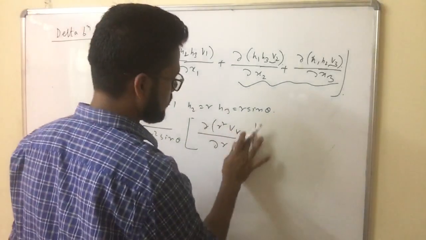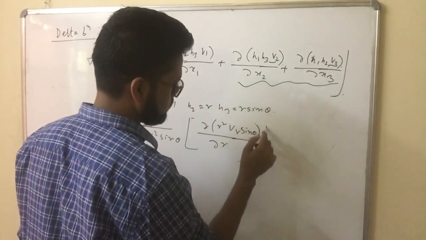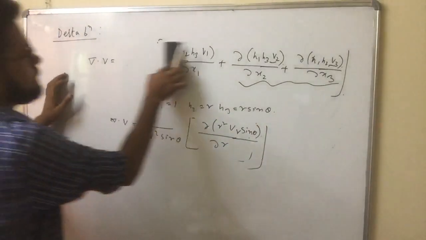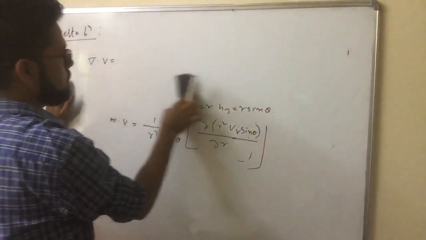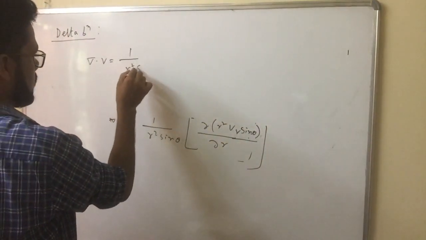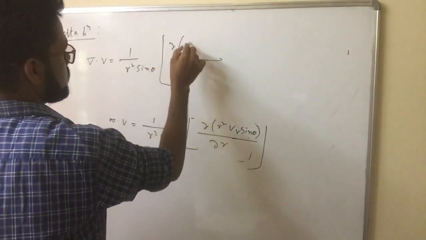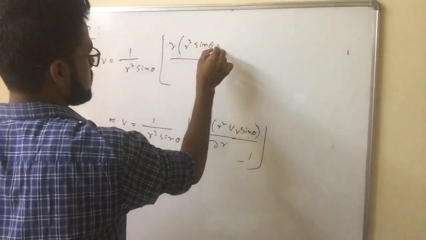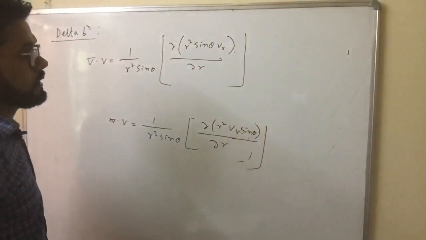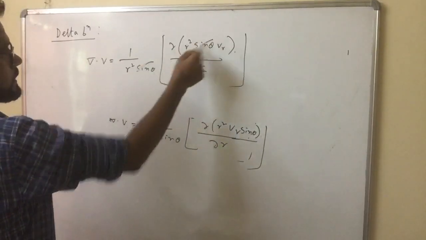Sorry, one sin theta term was missing. So I get 1 by r squared sin theta, d by dr of r squared sin theta V r. Since this is with respect to r, sin theta comes out and cancels.